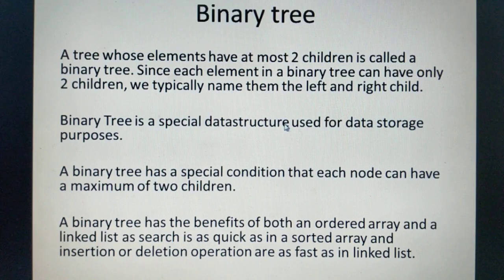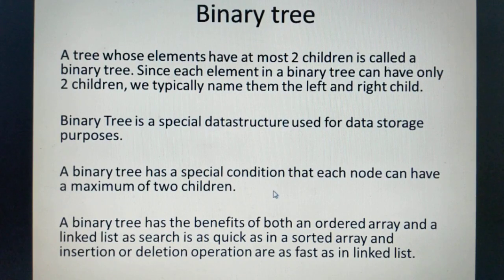Since each element in a binary tree can have only two children, we typically call them the left and the right child. Next, a binary tree has a special condition that each node can have a maximum of two children. There is another definition of a binary tree in another form.